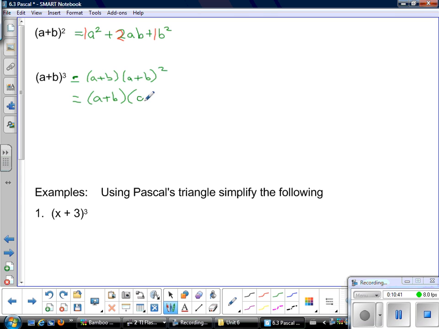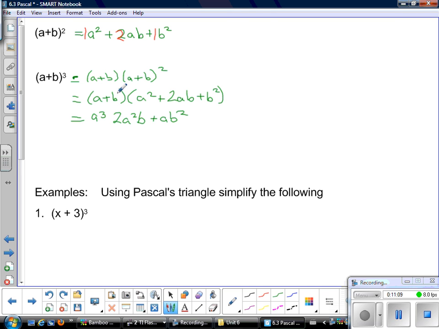So that would be a squared plus 2ab plus b squared, and now we're just going to expand it. Okay, so we end up with a cubed, 2a squared b, then the a times the b squared, so that would be ab squared.